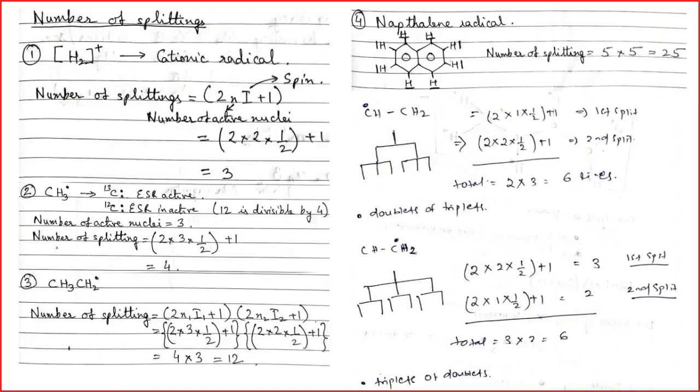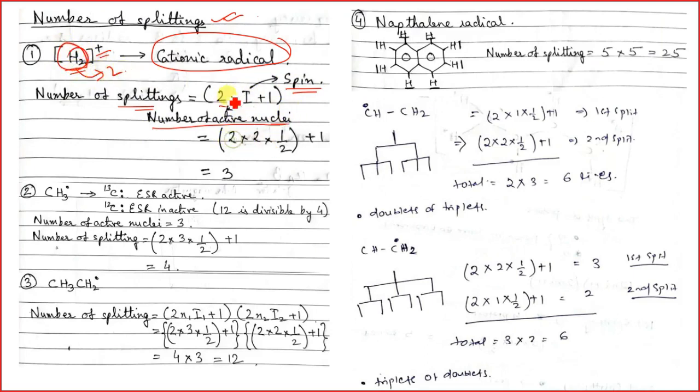Now, coming to the number of splittings, how can we predict the number of splittings? If you see the H2 plus radical, which is a cationic radical, the number of splittings is given by 2nI plus 1, where I is the spin quantum number and n is the number of active nuclei. Herein the number of active nuclei is 2.